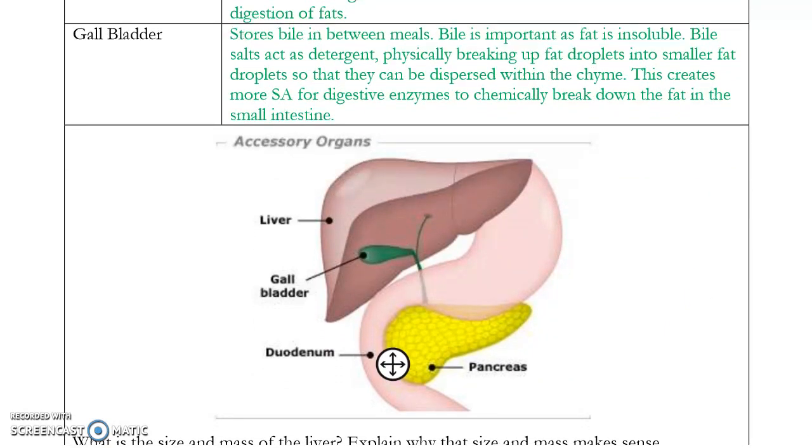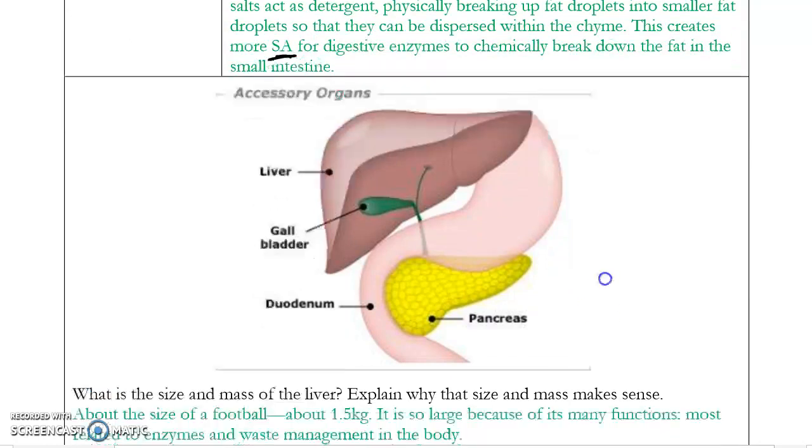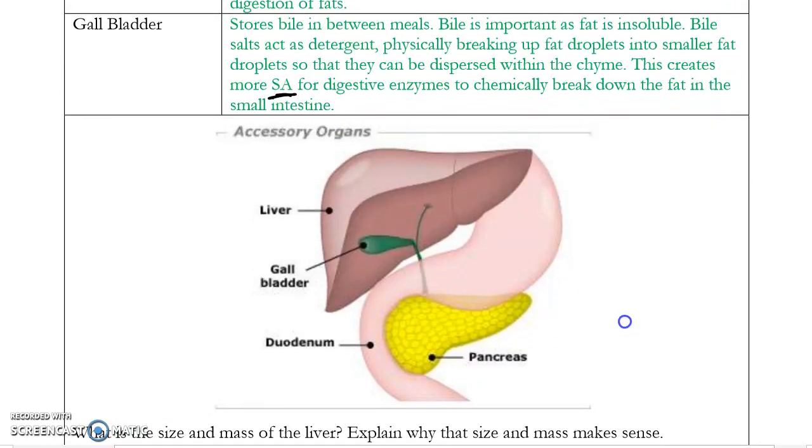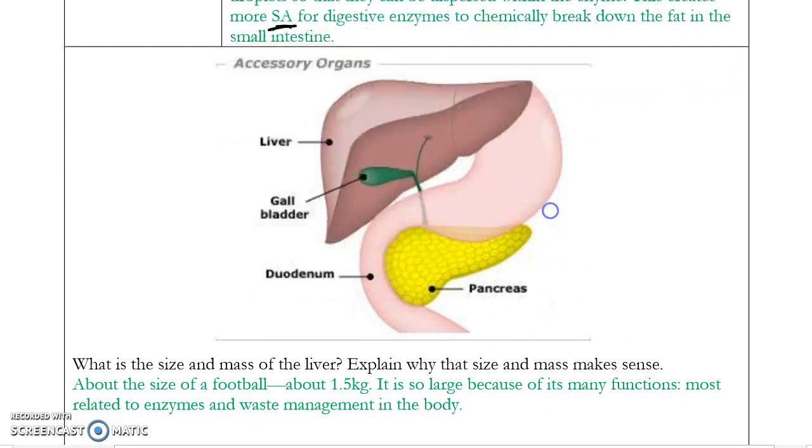But what is more important here is if you think about it, if we have a fat molecule here, so that's our fat, the bile sort of surrounds it, right? And this makes it more soluble in our liquid. And by doing that, it breaks it down into smaller pieces, exposing its surface area. Again, surface area is key. If we expose more surface area, it's easier for the enzymes to find the site they need to break it down. And for those of you who have forgotten, it would be a lipase that would break down the fat.